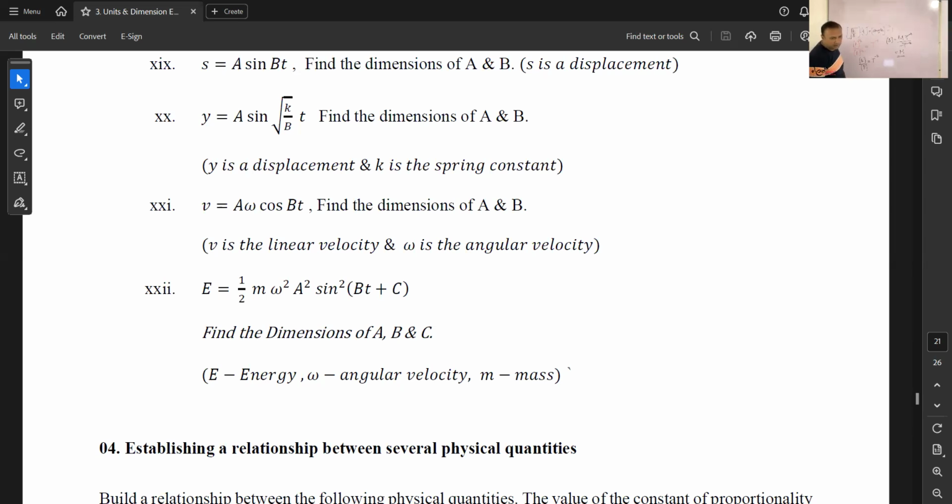First, question 21. V is equal to A omega cos BT. V is the linear velocity, omega is the angular velocity. It is given. This is linear velocity, and this is the angular velocity.